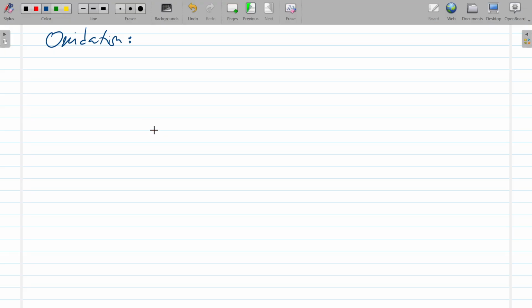Another way oxidation and reduction can happen. We've talked about oxidation being what you said is correct: an element or a molecule or an atom gains oxygen, that's oxidation.